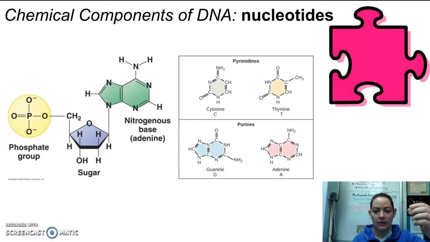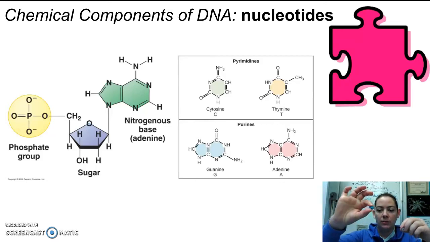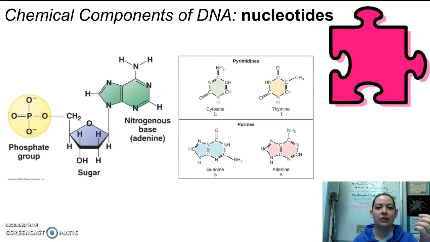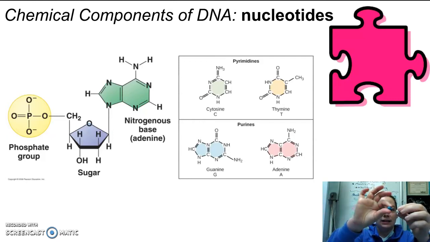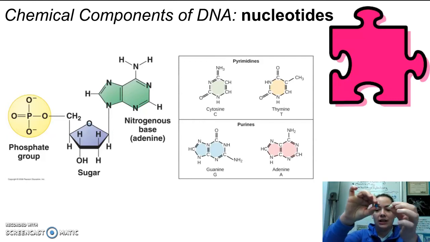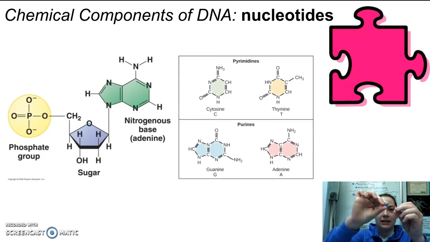They're different colors. So yellow is A, blue I think was C, orange is T, and G is green. So you're going to take that base and plug it into the sugar. So it's not going to make a nice line, but it's going to make more of a triangle. It's a bent shape. And make sure the whole of the base is on the outside.